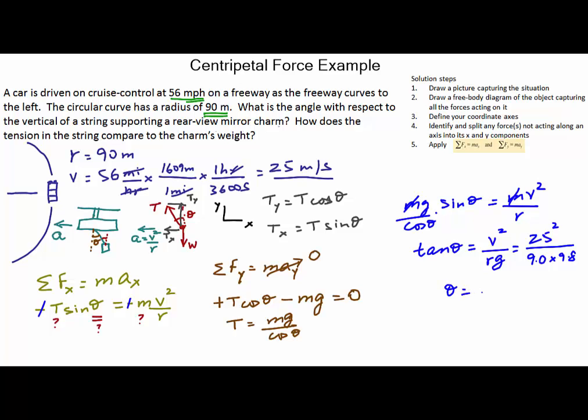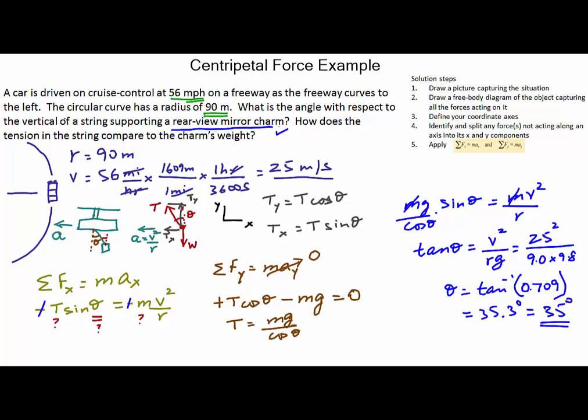So theta would simply be tangent inverse of all of that, which is 0.709, and that gives me 35.3 degrees, or down to 2 significant digits, simply 35 degrees. So we've solved the first question. We know the angle at which the string slants to the right as the car accelerates to the left as it goes around that curve.